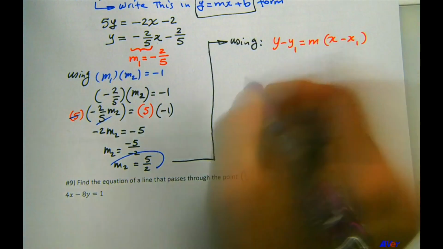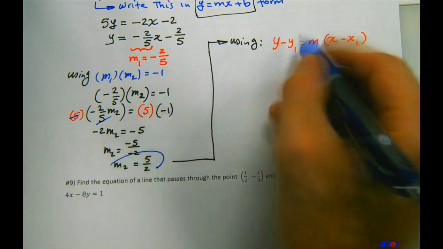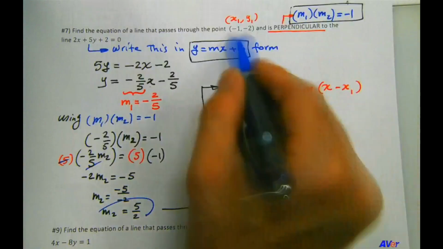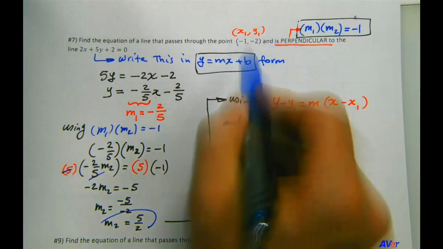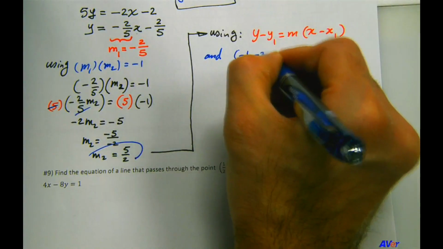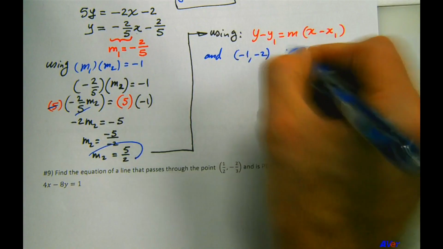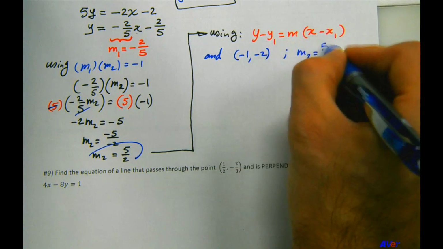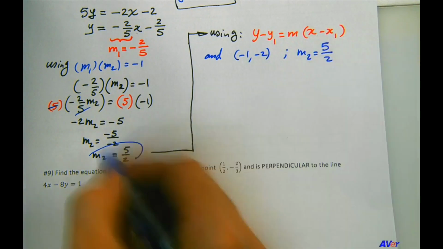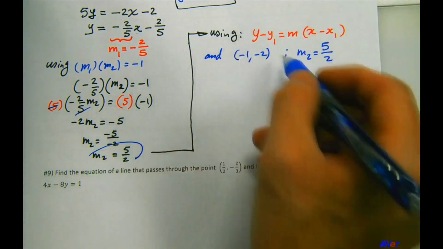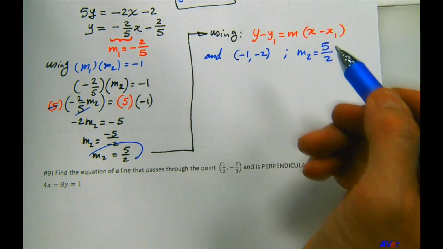Using that and the fact that the perpendicular line is passing through this point, -1 comma -2, and the fact that slope m2, the slope of this line, is positive 5 over 2, that's what we just found, we can plug in and figure out the equation of the perpendicular line. So let's do that.